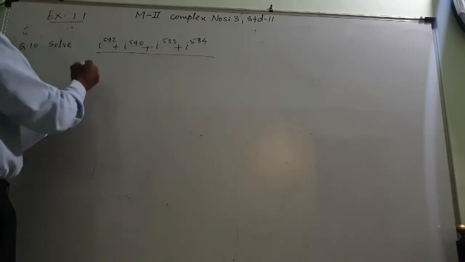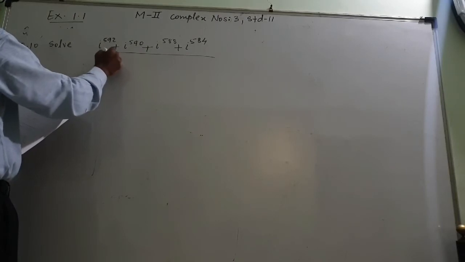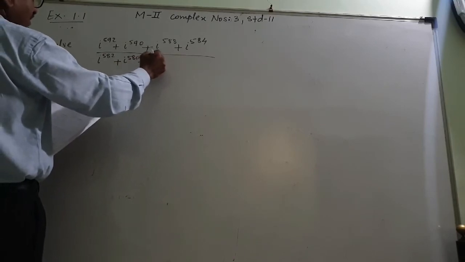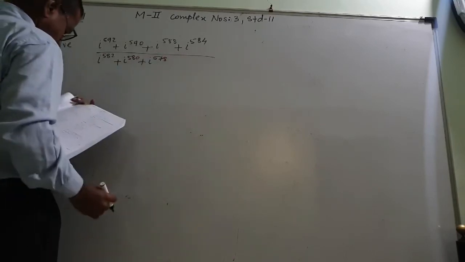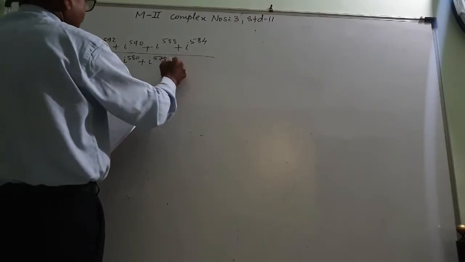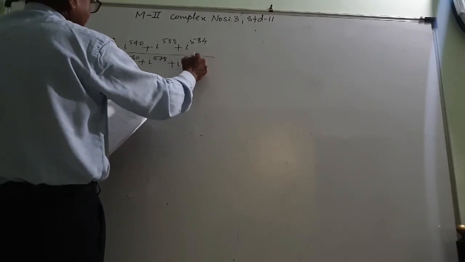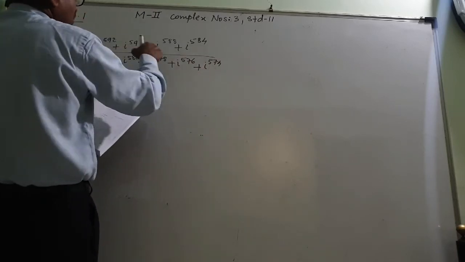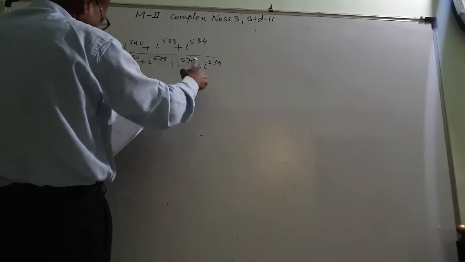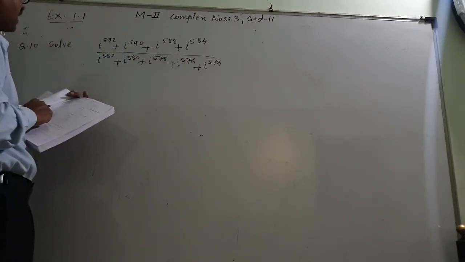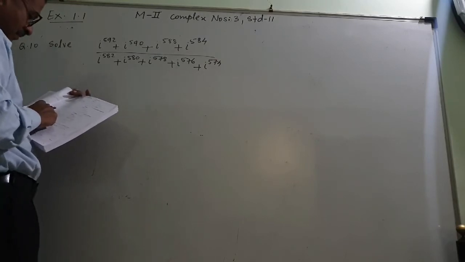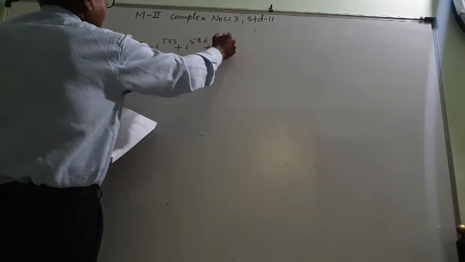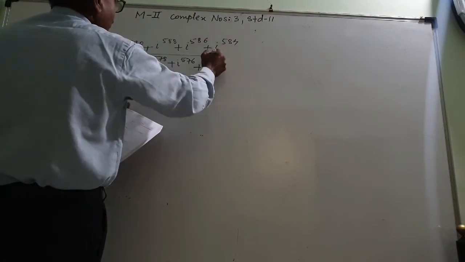Plus i raised to 582 plus i raised to 580 plus i raised to 578 plus i raised to 576 and plus i raised to 574. 1, 2, 3, 4, 5 terms are coming. 592, 590, 588, 586, here one term remains, plus i raised to 584.